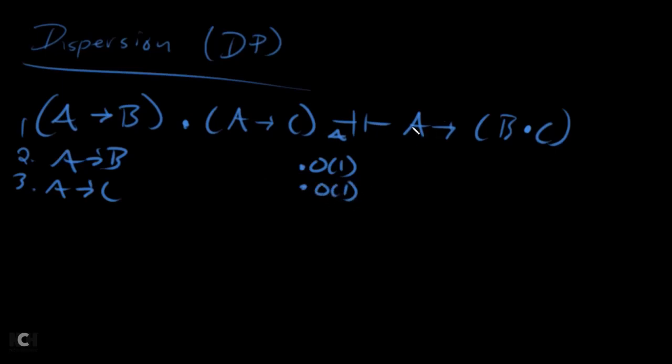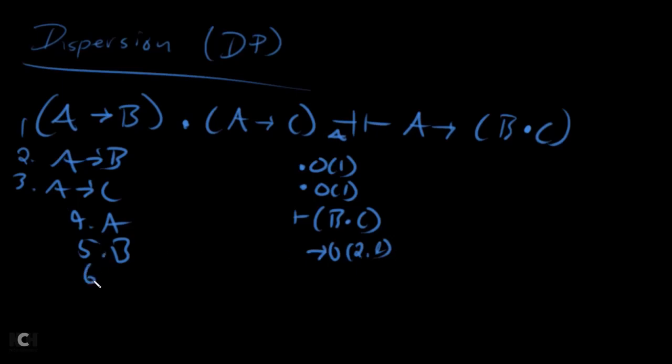Then we're stuck. We do a provisional assumption. Get A. We're going after B dot C. This is pretty straightforward. We get B. Arrow out, 2 and 4. We get C. Arrow out, 3 and 4. Put them together.